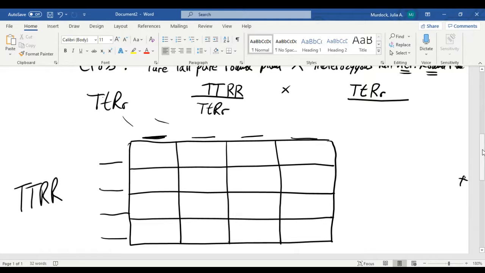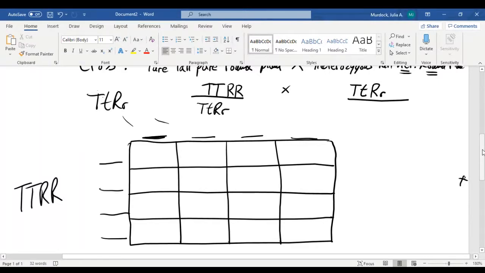You have to combine every T with every type of R to make gametes that are made of 2 alleles each, one of the T's and one of the R's each. So if you remember how to do algebra, remember FOIL? Remember first, outside, inside, last that you had to do algebraically when you were multiplying variables times each other? It's the same principle here.